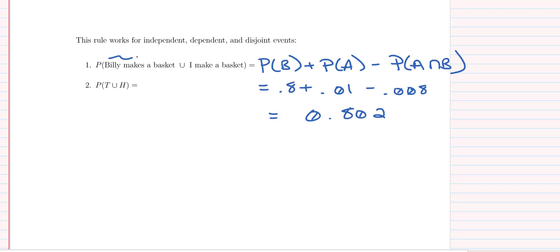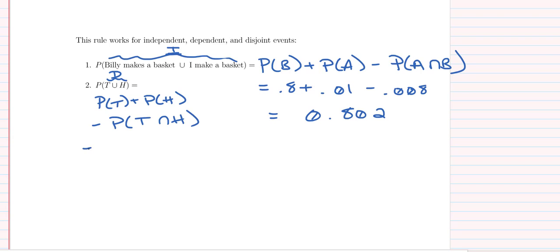Then the probability of T union H, if we're flipping a coin: these are disjoint. Remember, these were independent, and remember that these are disjoint, but we're going to use this rule anyway. So that's equal to P of T plus P of H minus P of T intersect H. This is 1/2, that's 1/2, and they don't both occur ever, so this is 0.